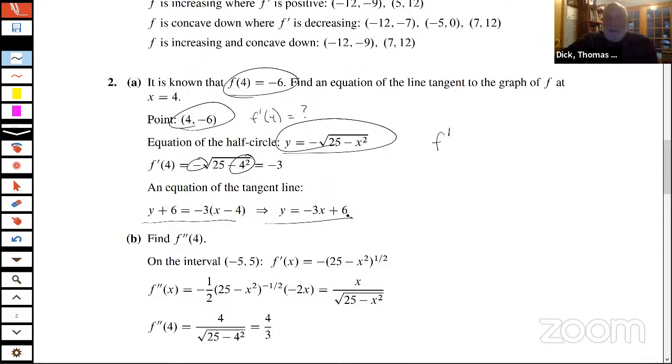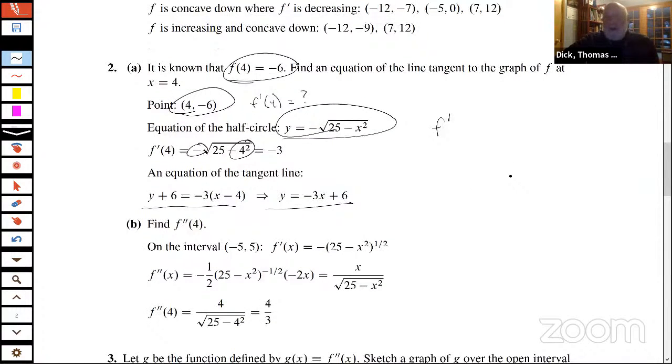Could I jump in here, Steve? Please. Yeah. So this is a very nice way of doing it. You did it analytically by figuring out what the equation of the function had to be, at least over that part of the domain. It is possible that some people might have used a little bit of geometry here.